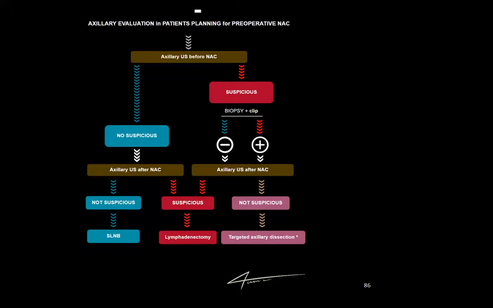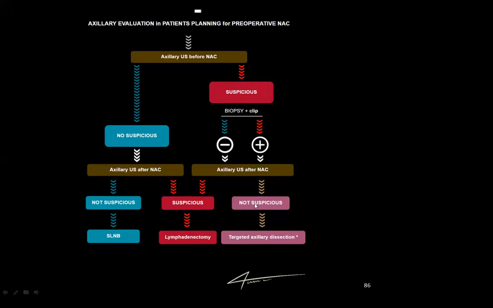Suppose your axillary ultrasound before neoadjuvant chemotherapy is not suspicious. Axillary ultrasound after NACT is not suspicious, you do sentinel lymph node biopsy. But if it is suspicious, then you go for lymphadenectomy. If before NACT it is suspicious and the biopsy is negative, go for axillary ultrasound after NACT.